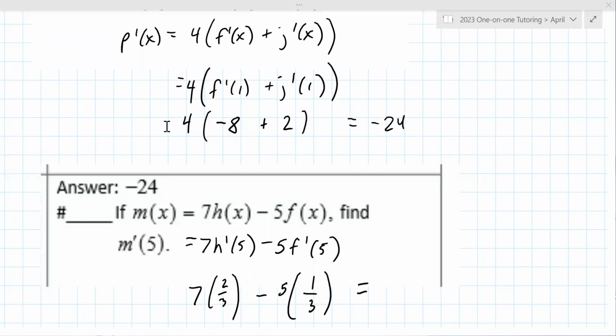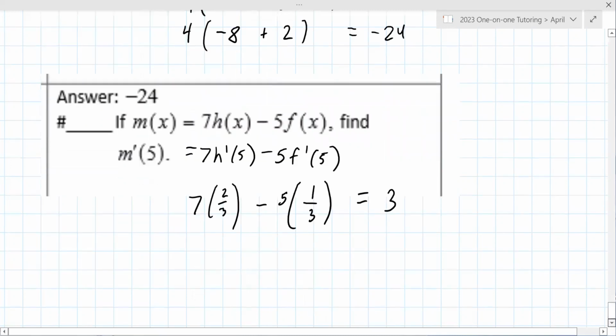What do you got here for this? Just 9/3, which equals 3. Perfect.